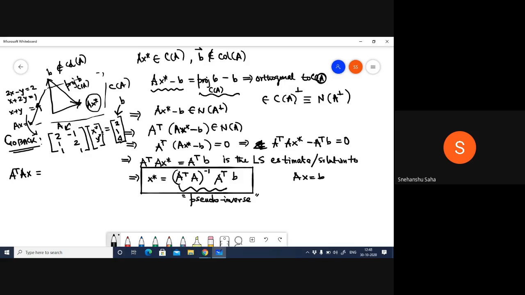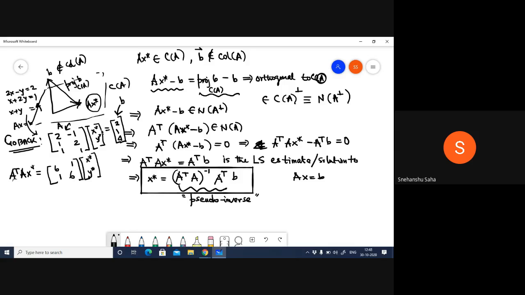Okay. So if you do this A transpose A X star computation, what you are going to get is [6, 1; 1, 6] times [X star, Y star], right?